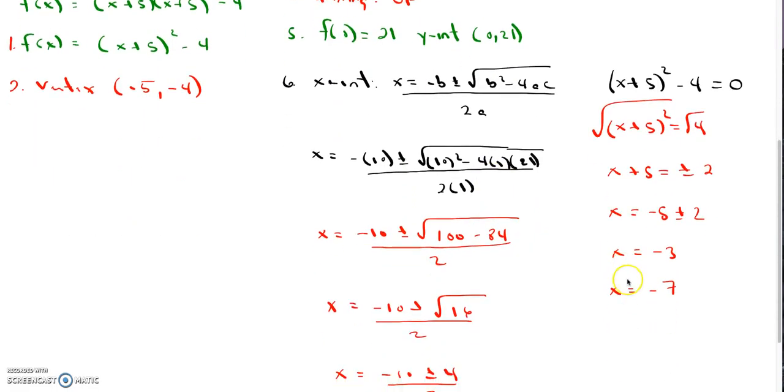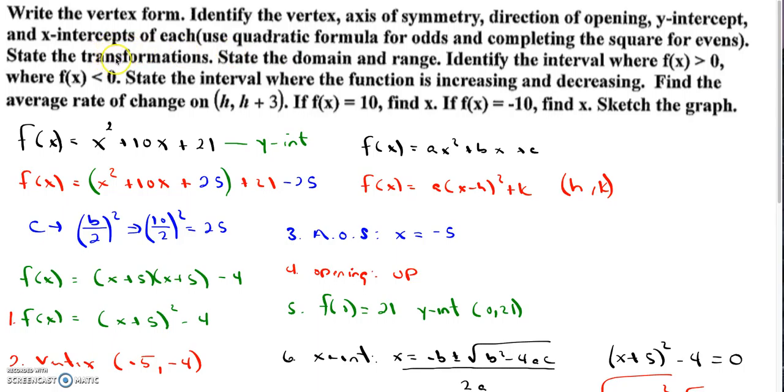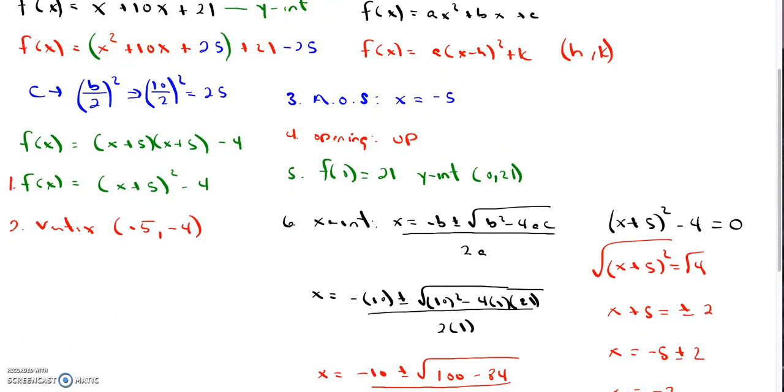We have our intercepts. Now this next part is asking me for transformations. Transformations I'm going to get from my vertex form. So this is going to be number 7, transformations. So I have, let's see, my A value is 1, so I got no vertical stretch or shrink. My B value is 1, no horizontal stretch or shrink.